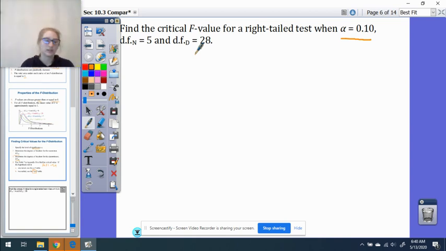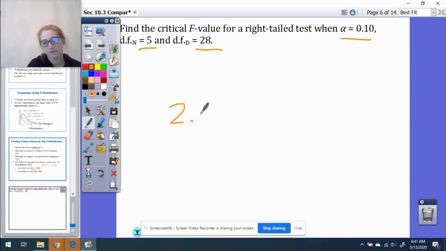You're going to find the one that has the alpha level of 0.10, and that's actually the last one on page 824. You're going to see it says degrees of freedom of the numerator across the top. Our numerator was 5, okay? So you're going to go over to 5, and then go down to the corresponding row that has 28 for the denominator. You see that on the left side. And if you do that, you're going to see that the value is 2.06.